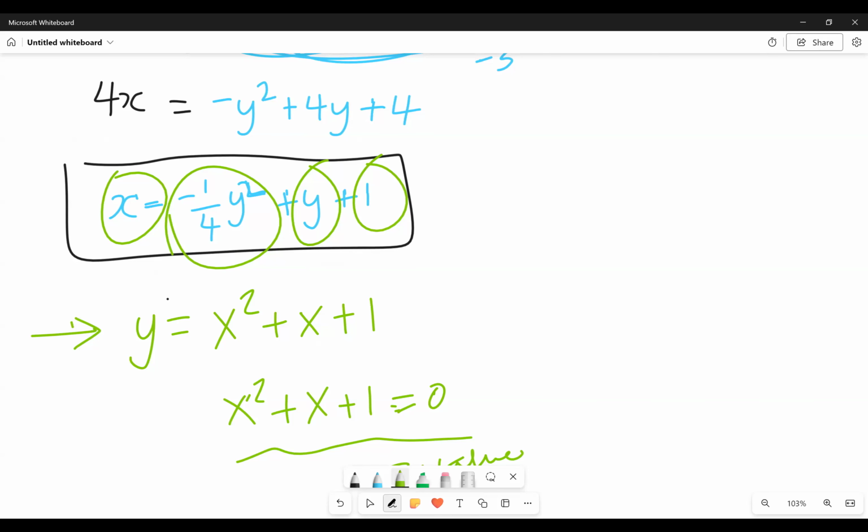We have x equal to negative 1/4 y squared plus y plus 1, x equal to 3, and the point (1, 2).